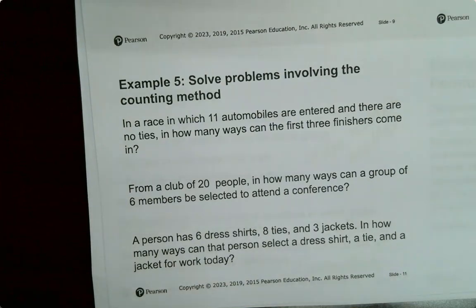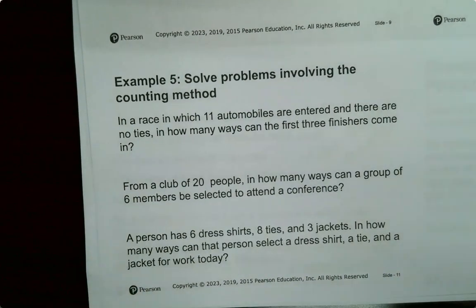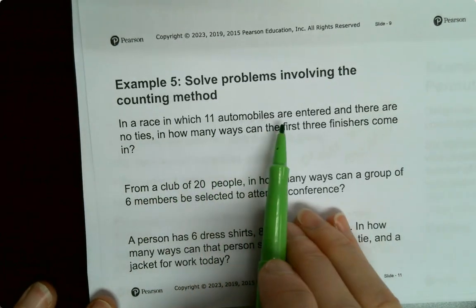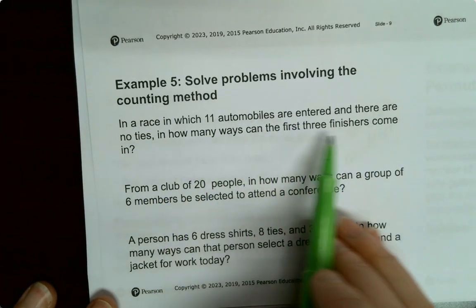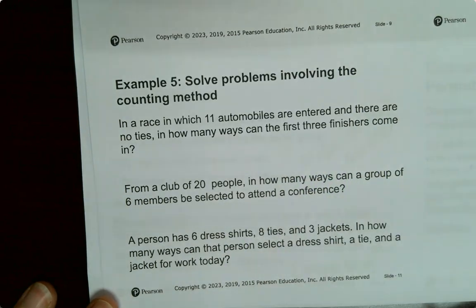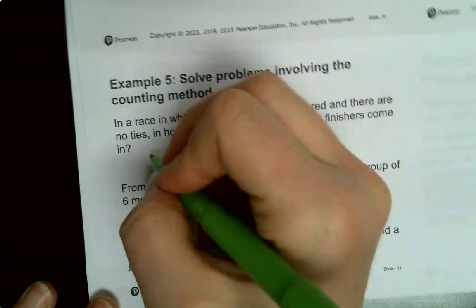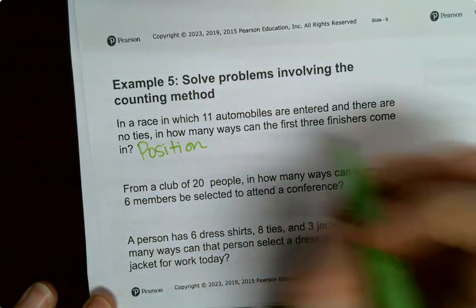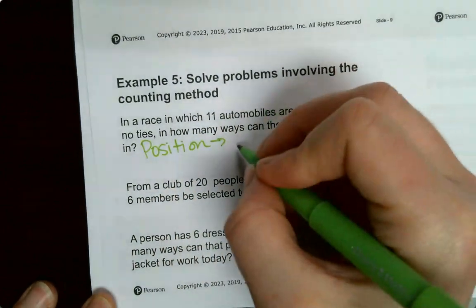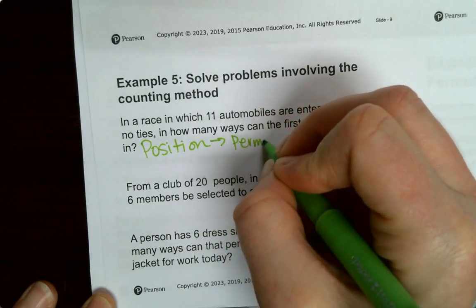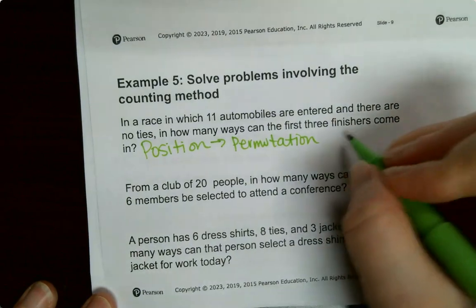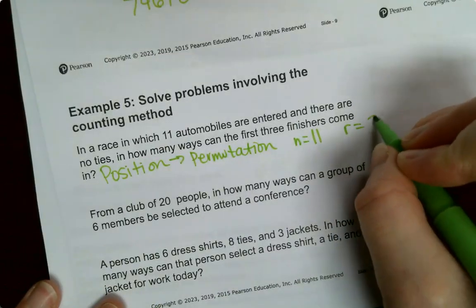All right, example 5 has 3 problems where you're going to determine whether it's a permutation or a combination, and you're going to find out how many outcomes there are. In a race in which 11 automobiles are entered and there are no ties, how many ways can the first 3 finishers come in? So this is position, because it matters if they're first, second, third. So that means we're going to do a permutation. So we have 11, and we're choosing the first 3.